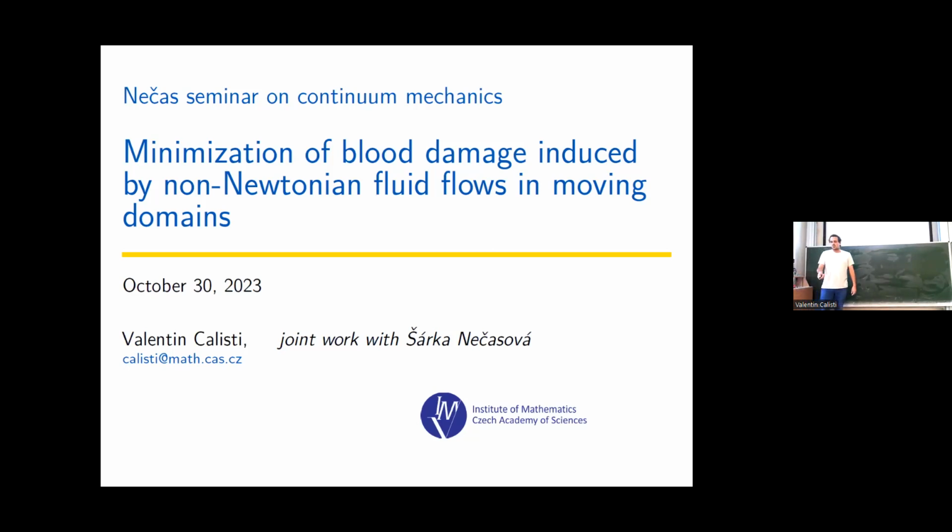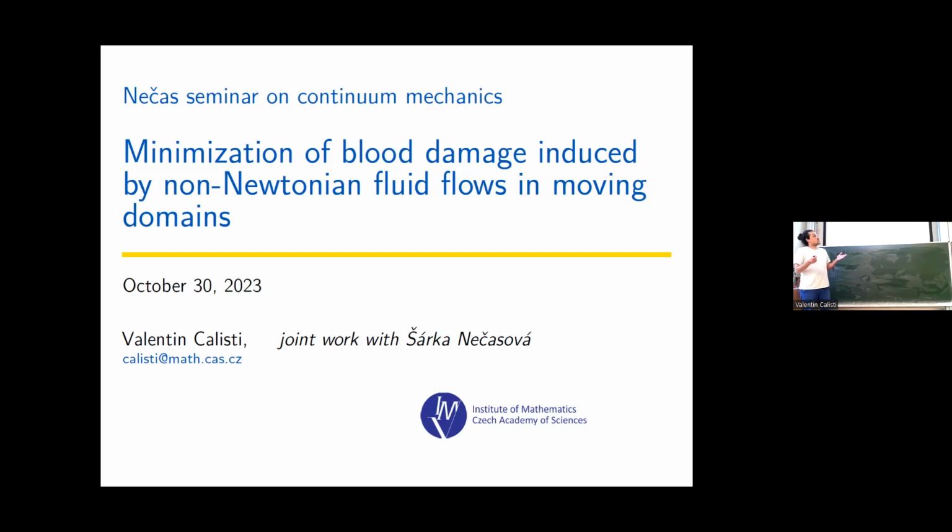I will start just to be a bit more precise about what I mean by minimization. In fact, we are tackling a shape optimization problem. Shape optimization means that we want to minimize some criterion, which is called for us shape functional, which depends on shape, indubitably. And shape for us will be an open subset of Rn.